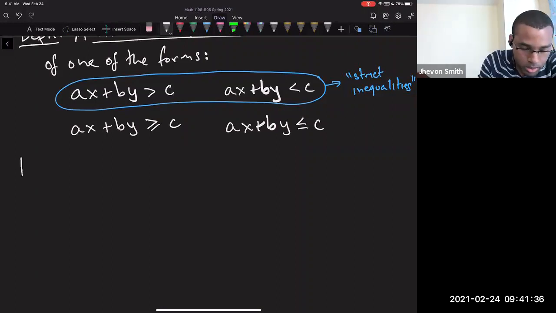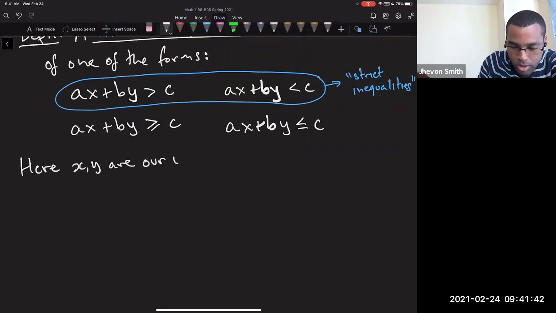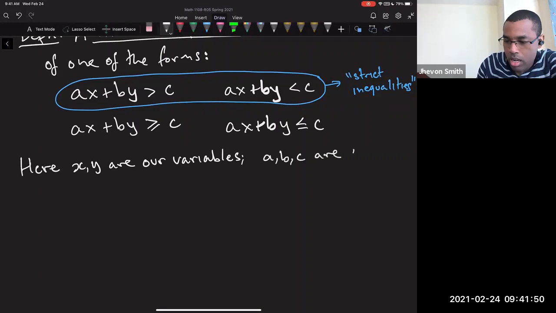Here, x and y are variables. A, B, C are constants, with A, B not both 0.